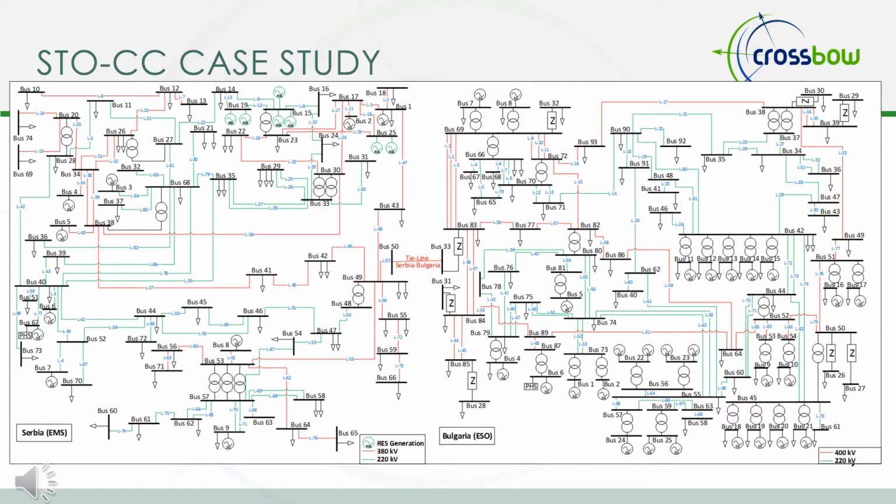Both networks are interconnected with just one tie line, which is between bus 50 from the Serbian network and bus 33 from the Bulgarian network. The voltage level is 380 kilovolt in the Serbian network, whereas in Bulgaria it is 400, and 220 kilovolt in both networks as well.